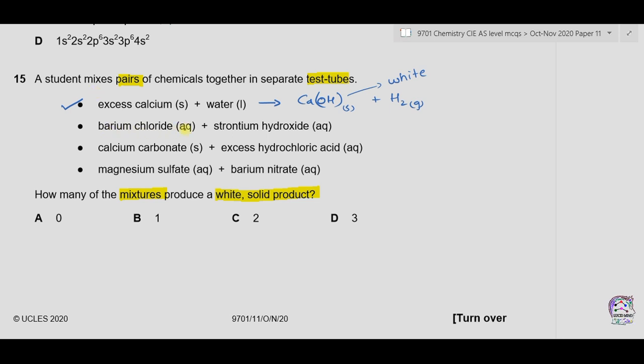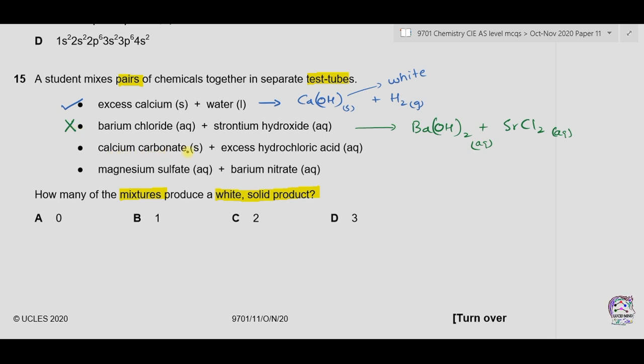Second one is barium chloride aqueous plus strontium hydroxide. Now the product formed will be barium hydroxide and strontium chloride. As both are soluble, so therefore no precipitate is formed or no solid is produced. So this is incorrect.